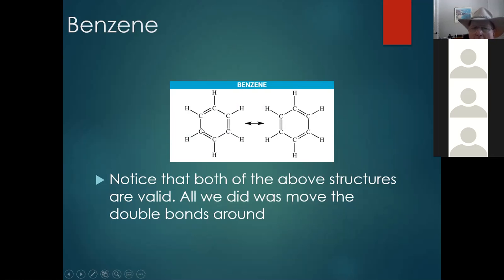Now, how many things are around each carbon? How many electron clouds? 4. Ian? 4. Double bonds count the same as single bonds, right? Never. Okay, so 3. So what's the hybridization of each one of these carbons?